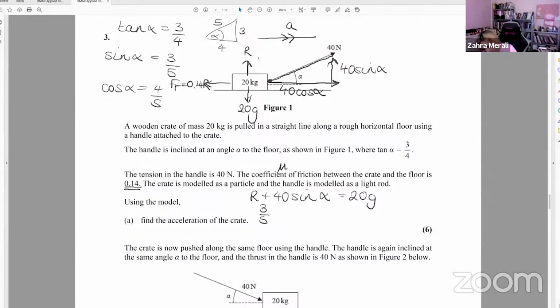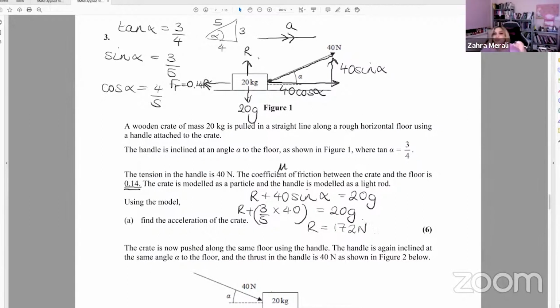So R plus 3/5 times 40 equals 20g. And so R equals, let's stick that in my calculator, 20 times 9.8 minus 40 times 3/5. I'm not going to trust my mental arithmetic at the moment. 172. So that's 172 newtons.